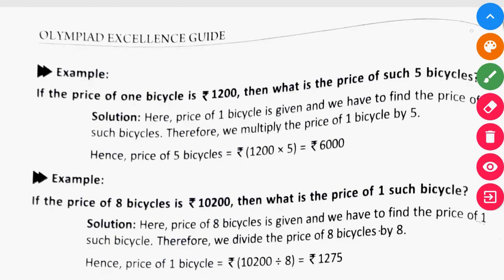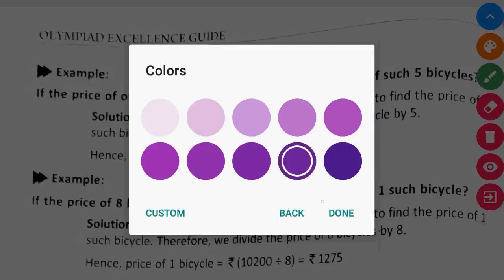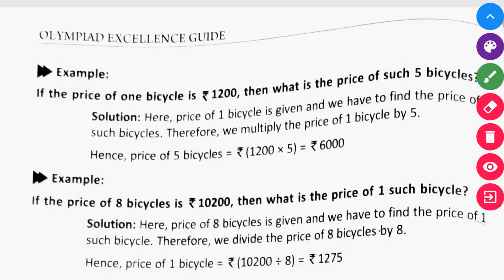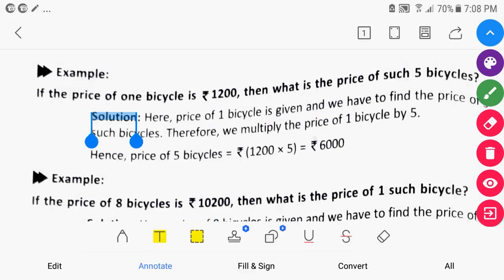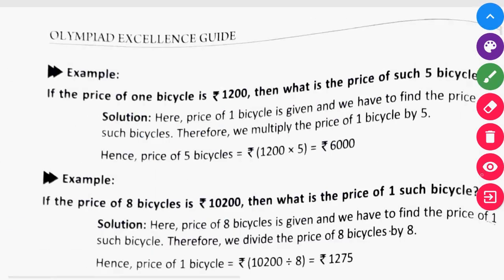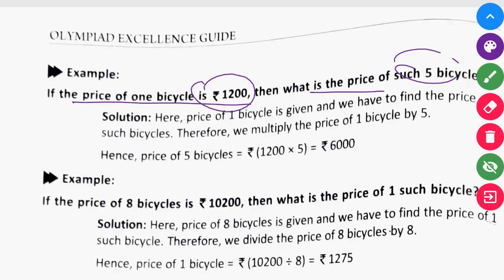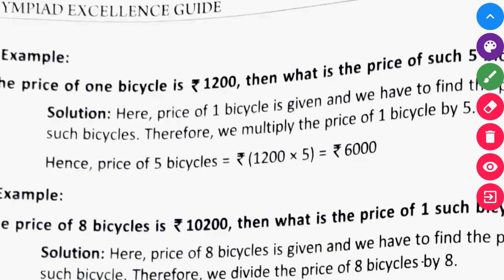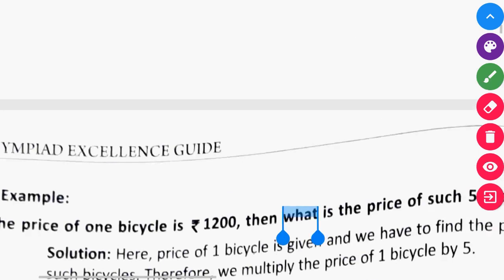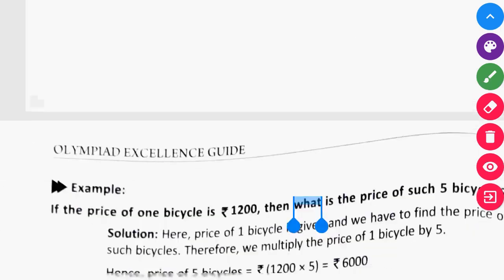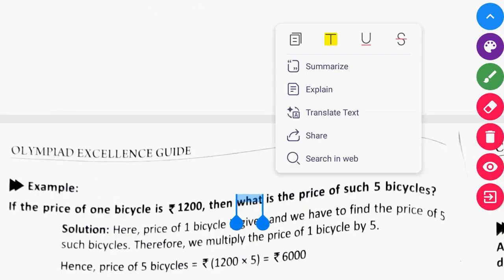In the first example, the price of one bicycle is given. It is 1200 rupees, and they ask us the price of five such bicycles. The same thing I told you before: if we know the price of one item and we have to calculate the price of so many items, we do multiplication.